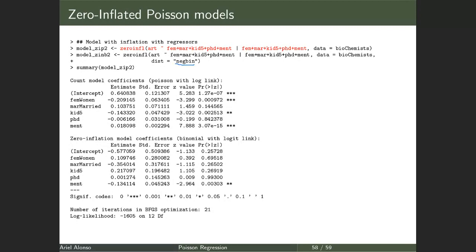It's exactly the same idea, but instead of using a Poisson for the counting process, you use now a negative binomial. So you have a number of individuals that have always zero and a number of individuals that follow a negative binomial distribution. It's the same type of model. And again, you can model the probability of being in the category zero using the same covariates you use for the Poisson model. You can do that. Or you can use different covariates. But in this case, we're using the same ones.